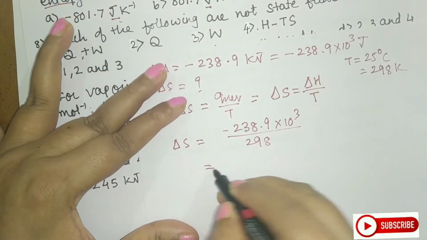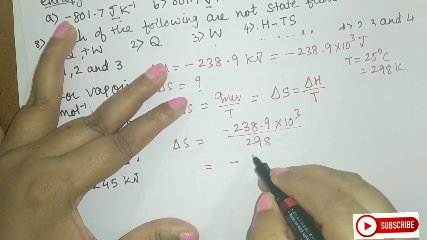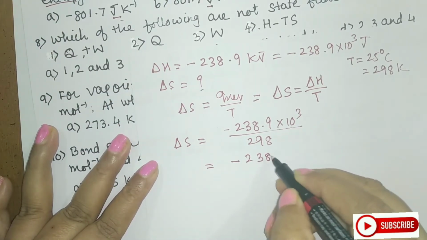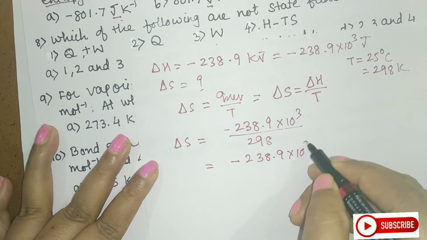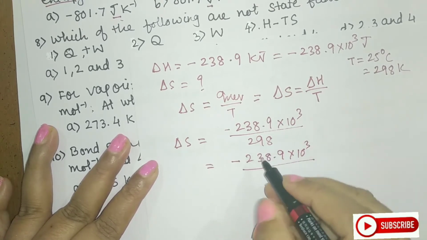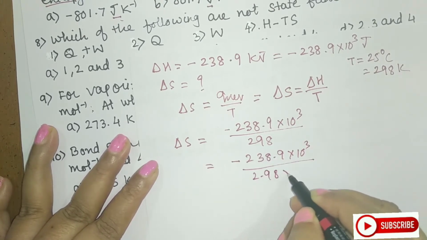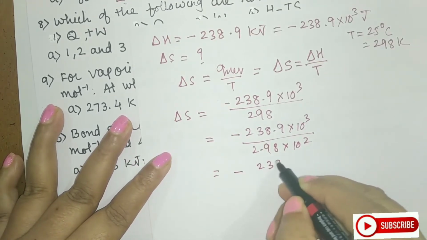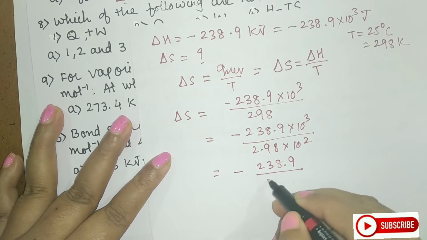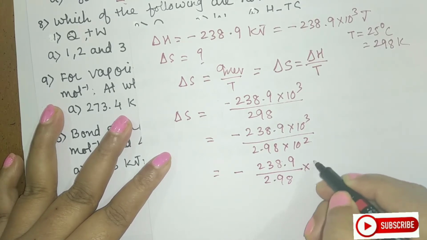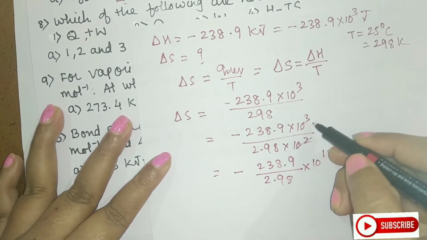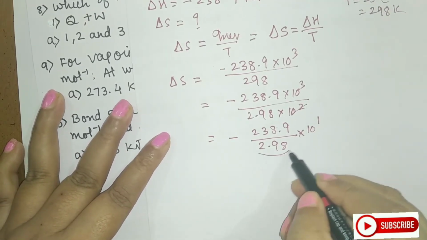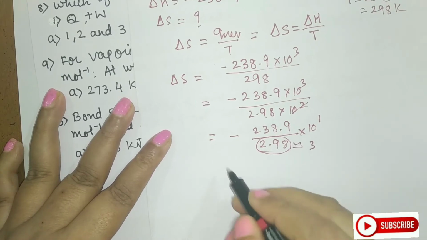When you solve this, you will get an answer, but let us see how to solve this in less time. So let us simplify this. This will become minus 238.9 into 10 raised to 3. Now I will split this value as 2.98 into 10 raised to 2. Now what I am left with is minus 238.9 upon 2.98 into 10 raised to 1. So students, nearly, I will take this as 3 for the calculation.